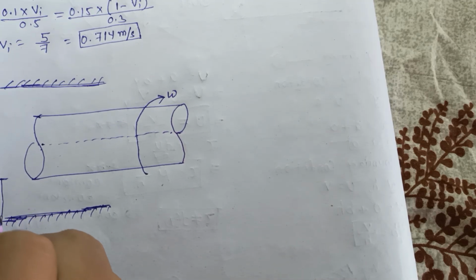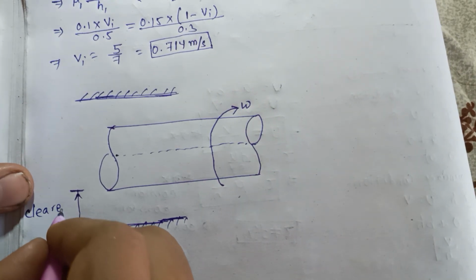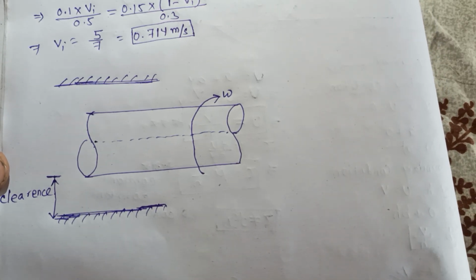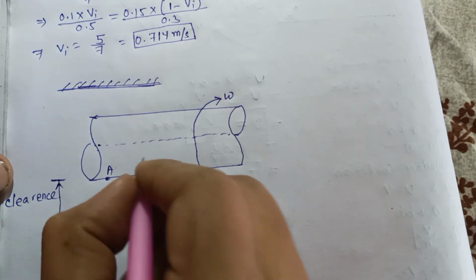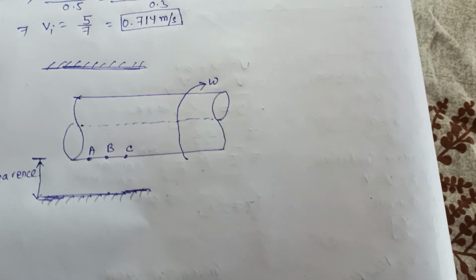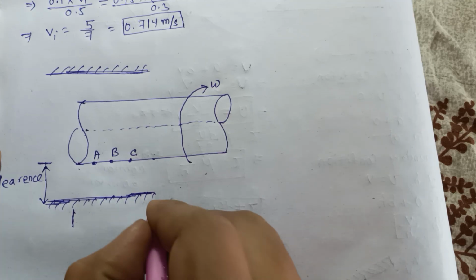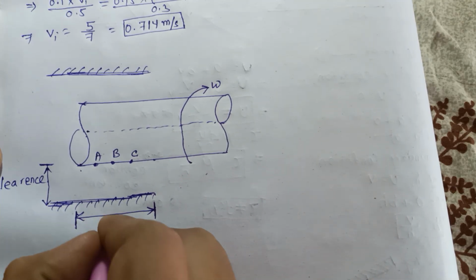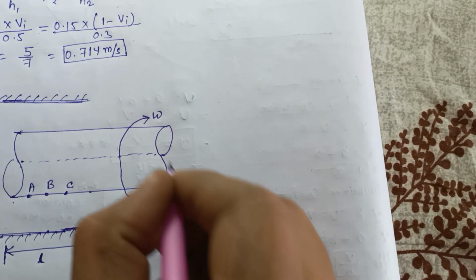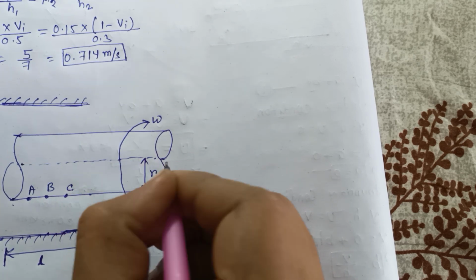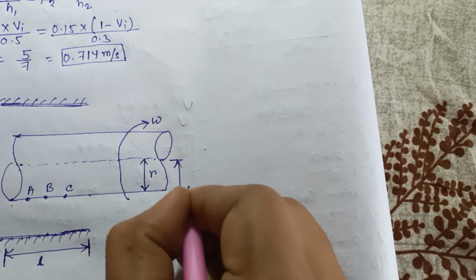This distance is known as clearance. Consider this is point A, this is point B, and this is point C. The length from here to here is small l, and the shaft radius is small r, and here to here the distance is capital R.